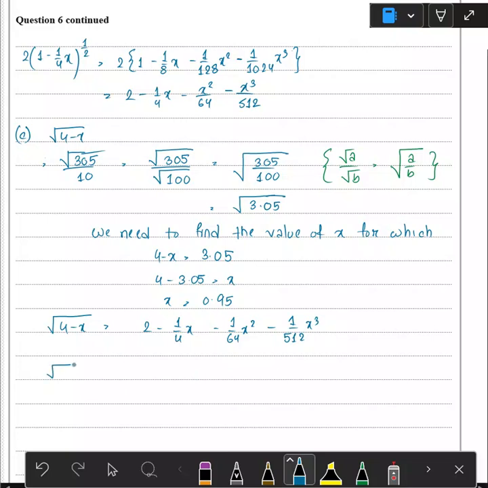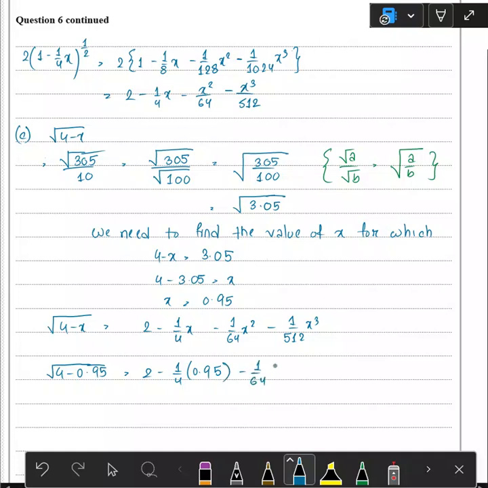And in order for root over 4 minus x to be equal to root over 3.05, x has to be 0.95, right? Now if I substitute x with 0.95 in all these parts on the right-hand side as well, then we'll actually get the value of root over 3.05.